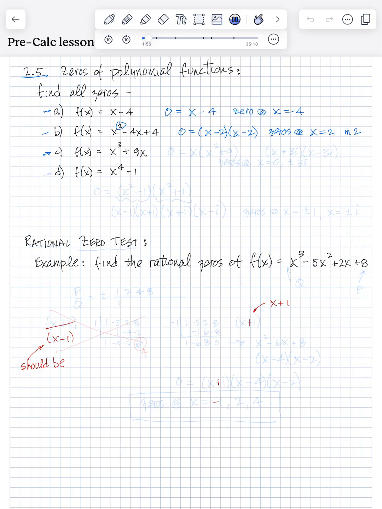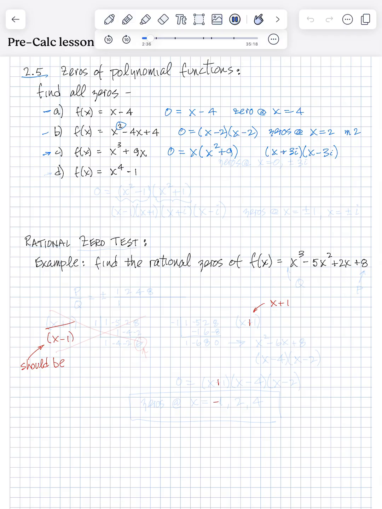So first we're going to factor an x out. So we're saying 0 equals x times x squared plus 9. That means x equals 0 is one of our zeros. And we can factor the x squared plus 9 into x plus 3i and x minus 3i.